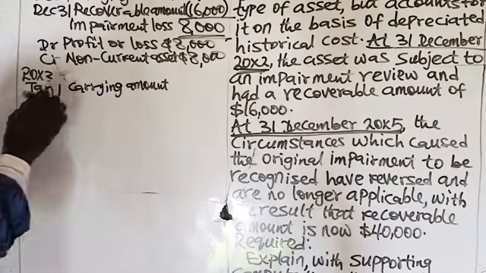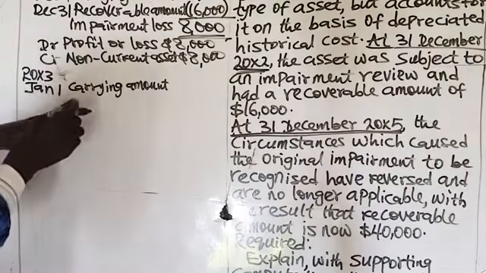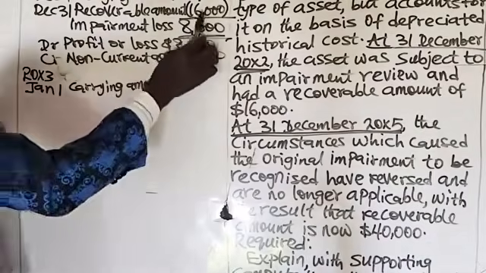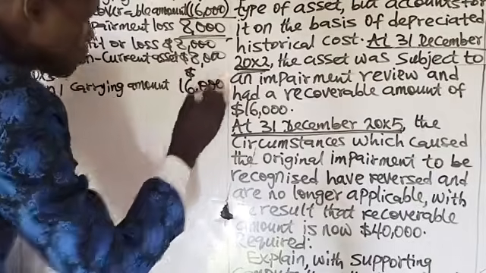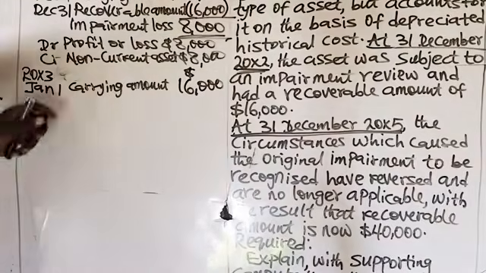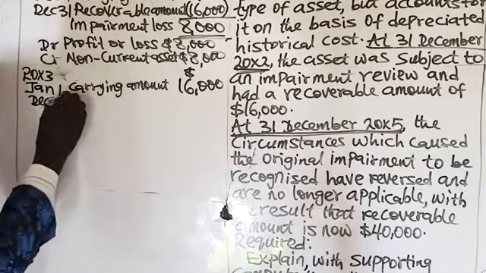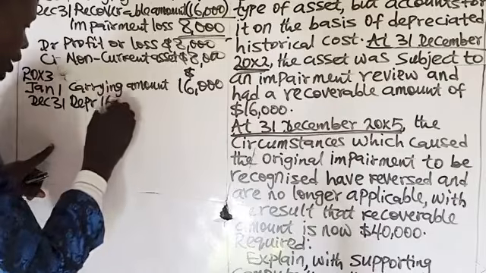What you had as the closing balance in December 20x2 will be the opening balance in January 20x3. So the recoverable amount you had, which was 16,000, is what you will now have as the carrying amount at the beginning of 20x3. Then as at December 20x3, you will recognize depreciation on the 16,000.